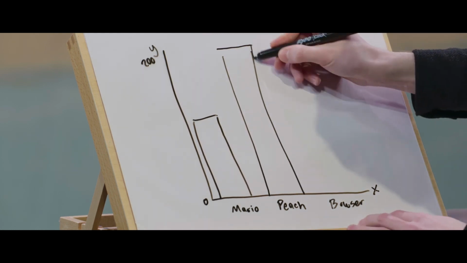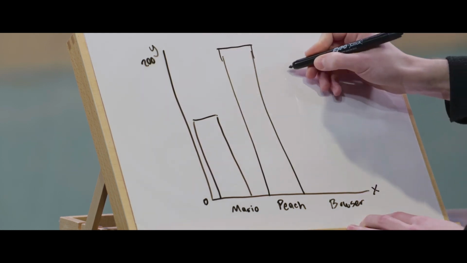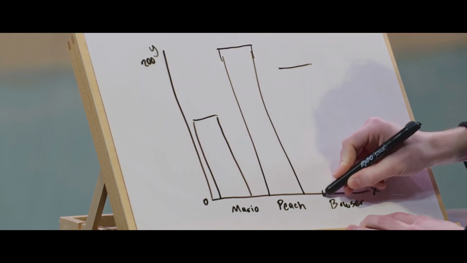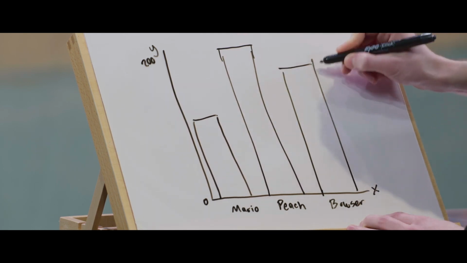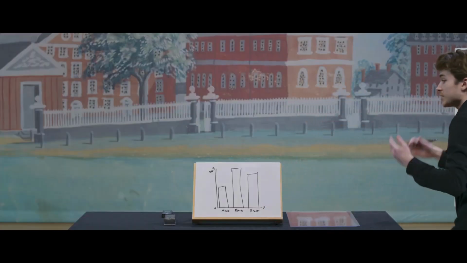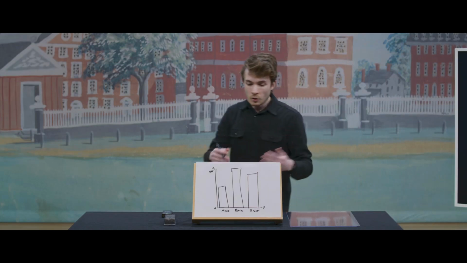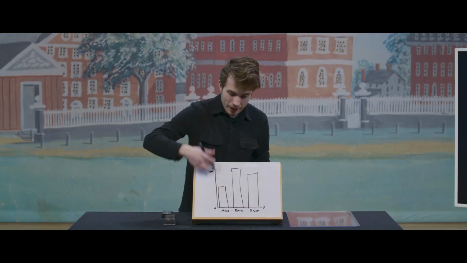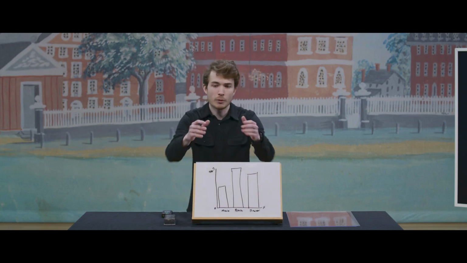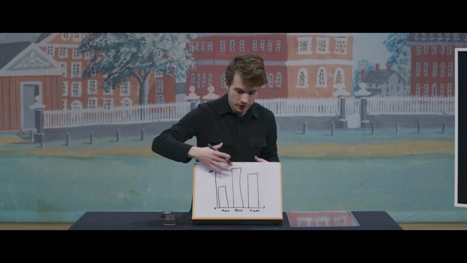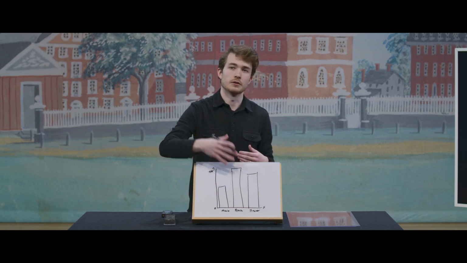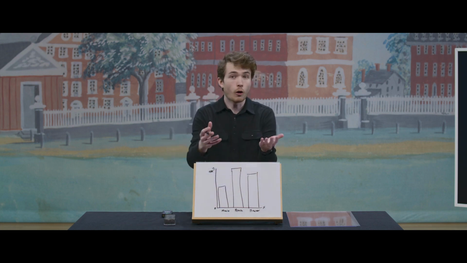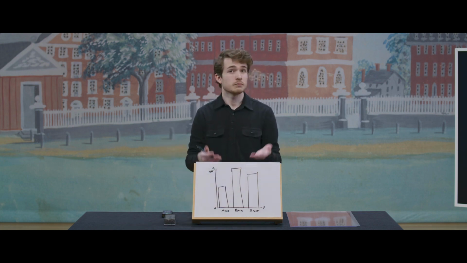So I will put Bowser's column right in between those two, just like this. So this now is our complete plot. We've worked with data. We've worked with our aesthetic mappings, taking our columns and aligning them to the x and the y axes. And now we've worked with our geometries, this actual visual representation of our data in terms of columns. So all that's left to do now is do this in code.